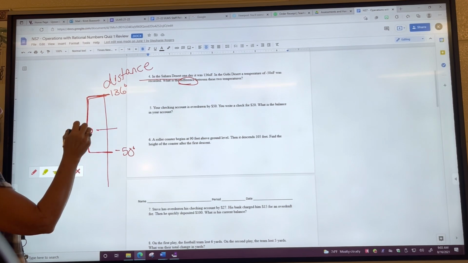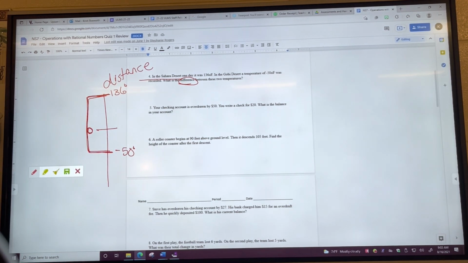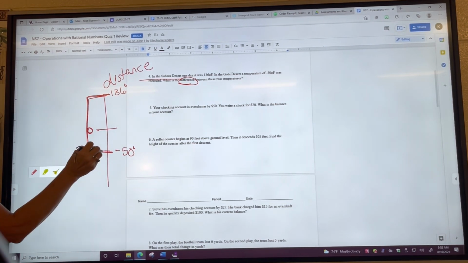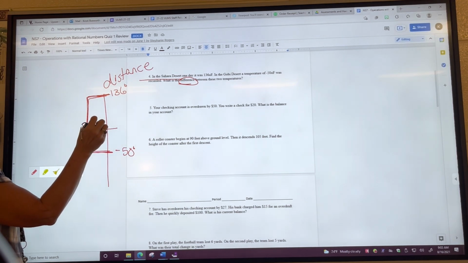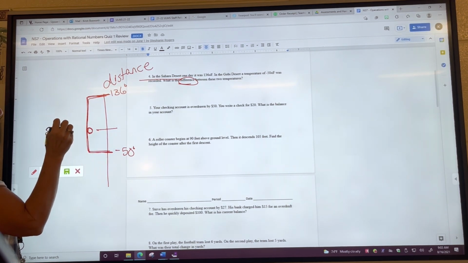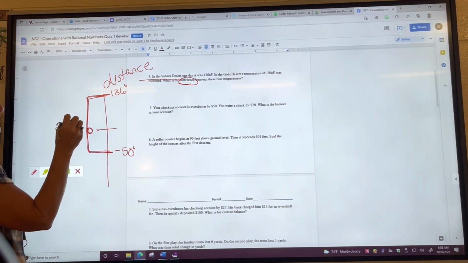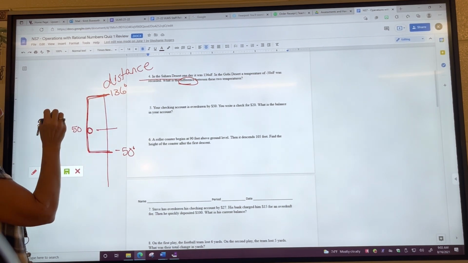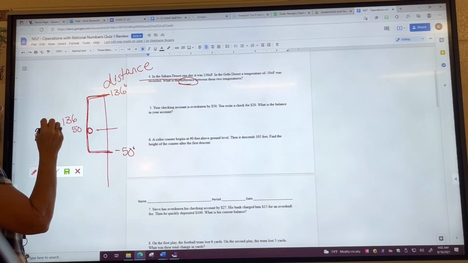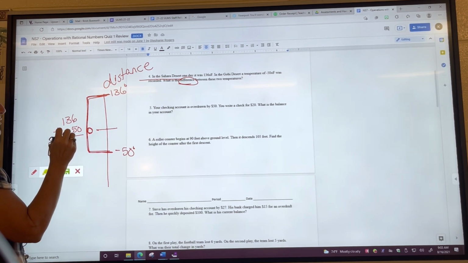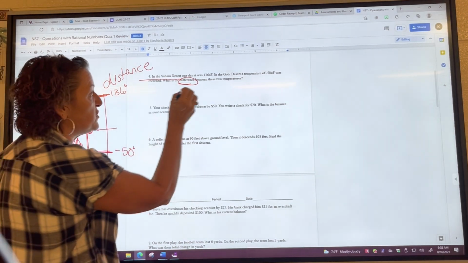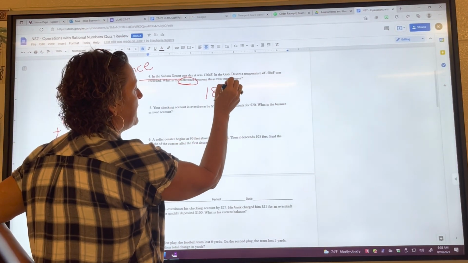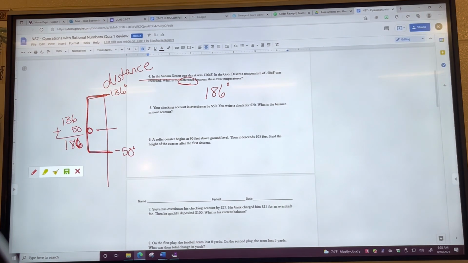How far is it from negative 50 to 0? And then from 0 to 136 is how far? So, if we put that 136 with that 50, we get 186. And so the difference between those two temperatures is 186 degrees.